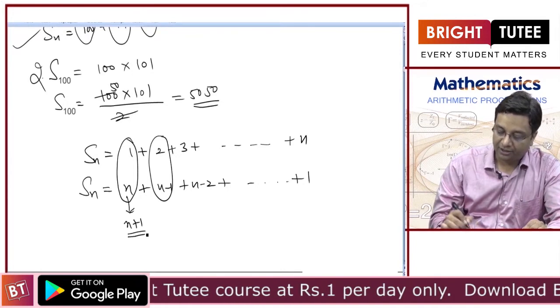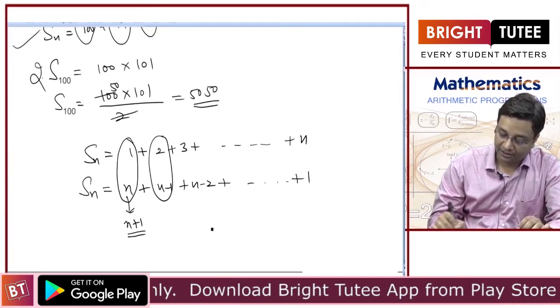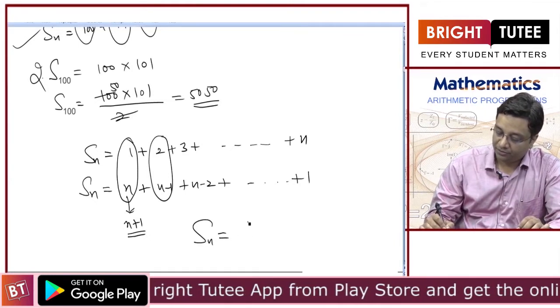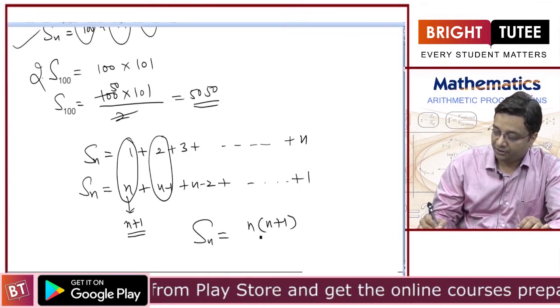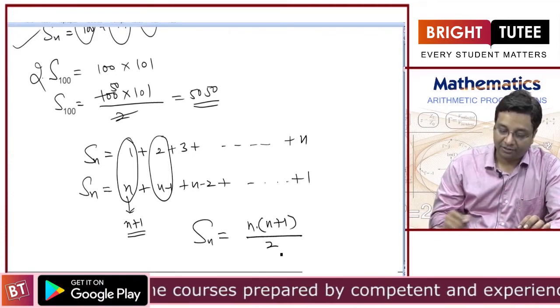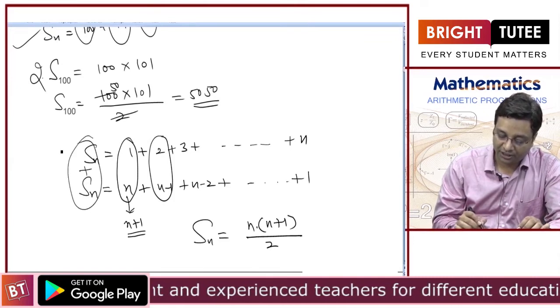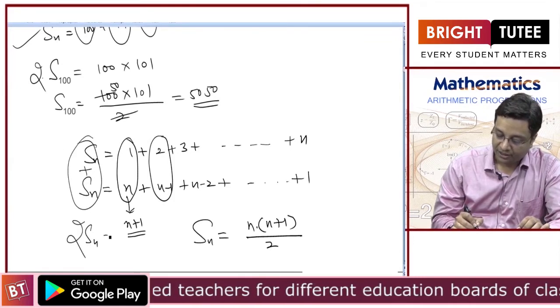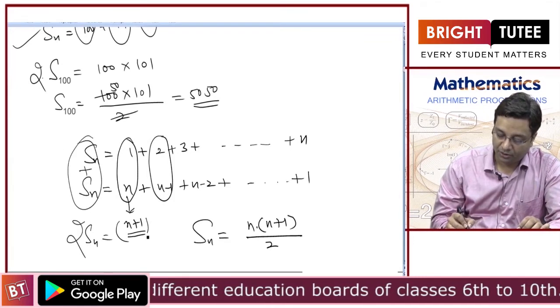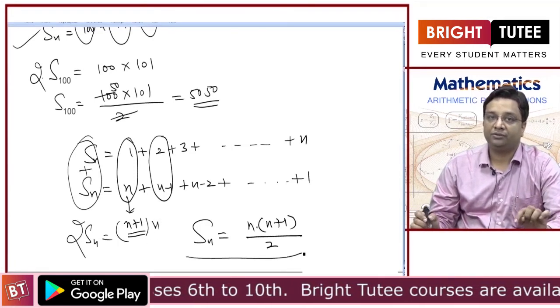I will get n plus 1 every time, and how many times? n times, right? We divide by 2 because it will be the sum of these two expressions, which will give me 2Sn, and 2Sn equal to n into n plus 1. So Sn will be equal to n into n plus 1 by 2.